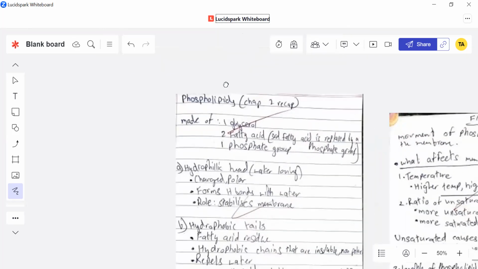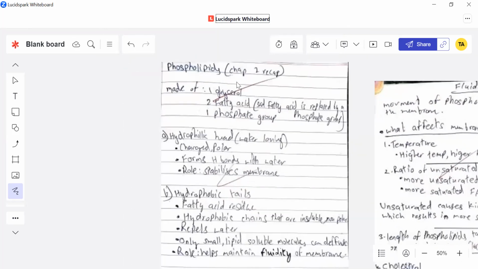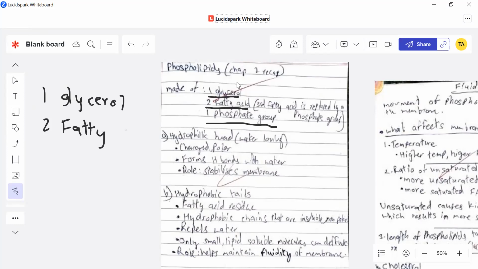So let's get to phospholipids now. Phospholipid is made up of one glycerol molecule and two fatty acids. And there is one phosphate group. So one glycerol, two fatty acids, and one phosphate.